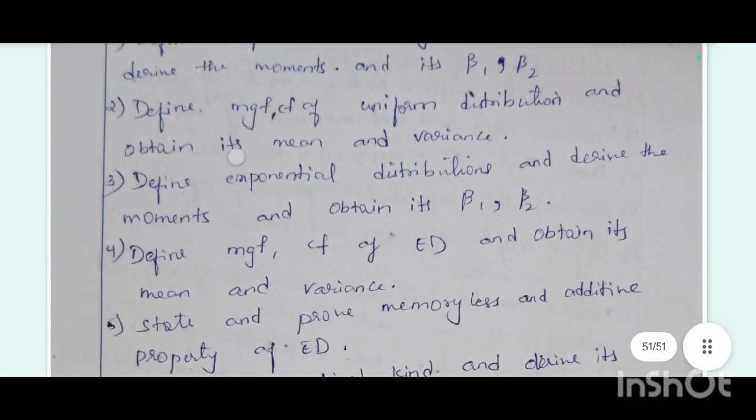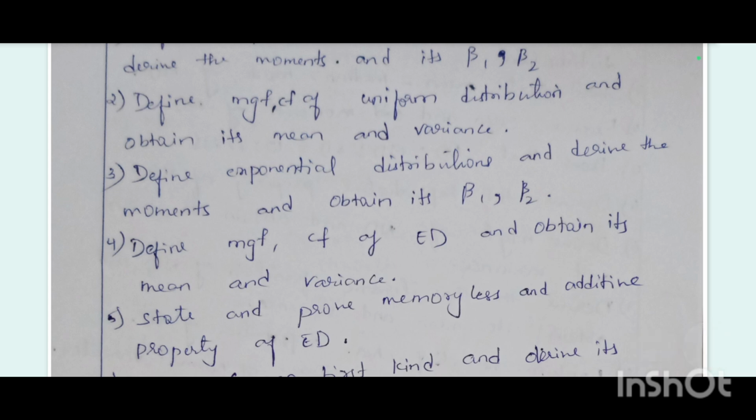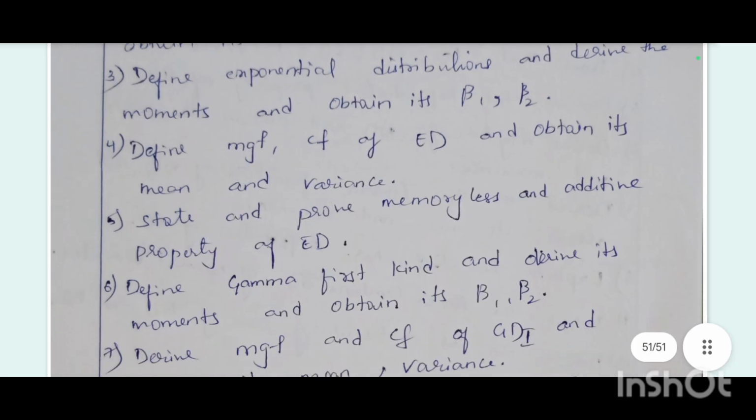Define exponential distribution and derive the moments and obtain its beta 1 and beta 2. Define MGF, CF of exponential distribution and obtain its mean and variance. State and prove the memoryless property of exponential distribution.